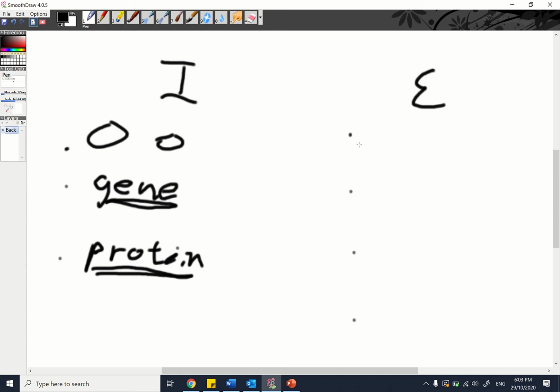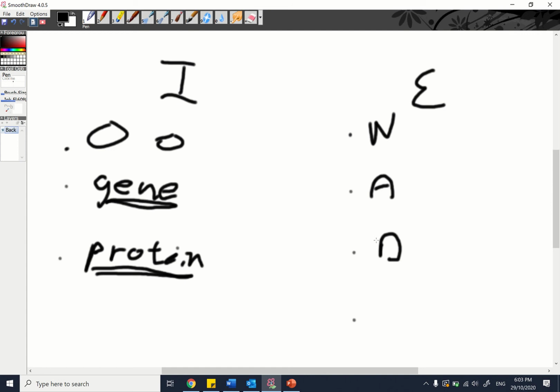Now external has four. The first one is nutrient, pretty easy. Now the second and third, they're kind of related: anchorage and density. The full name is anchorage dependency. This is when a cell only divides if it's anchored onto something.